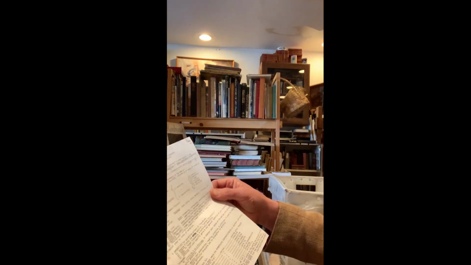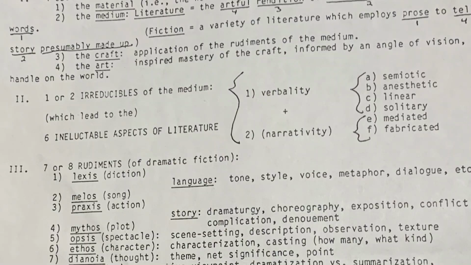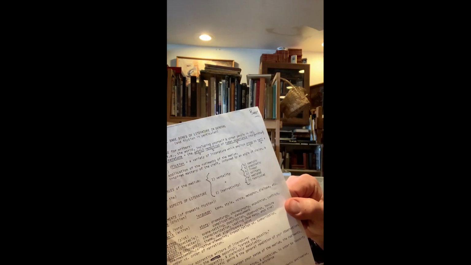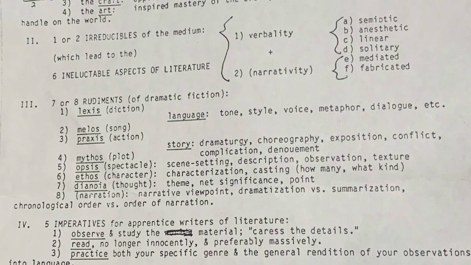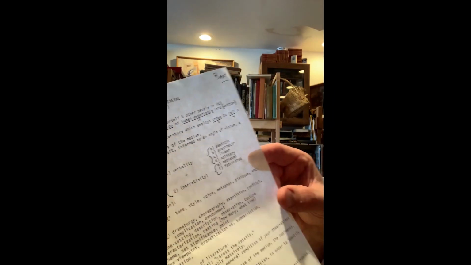Okay, so John Barth comes up with one or two irreducibles of the medium, verbality and narrativity. He says verbality and narrativity lead to the six ineluctable, unavoidable aspects of literature, A through F: semiotic, anesthetic, linear, solitary, mediated, and fabricated.